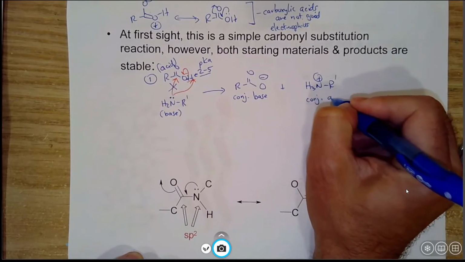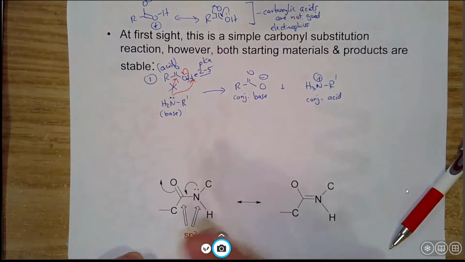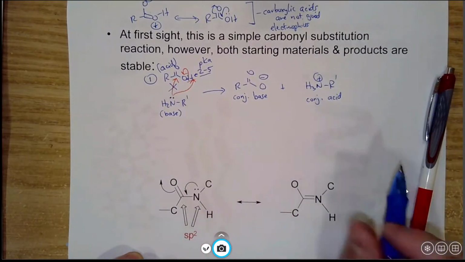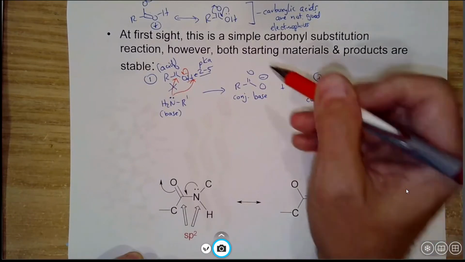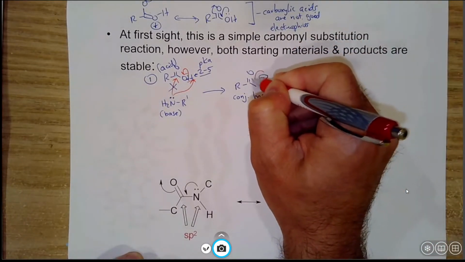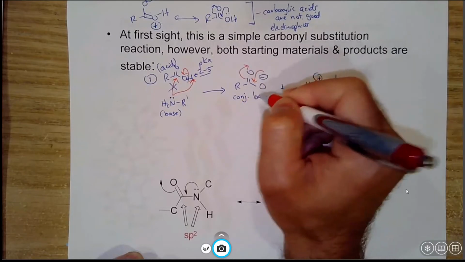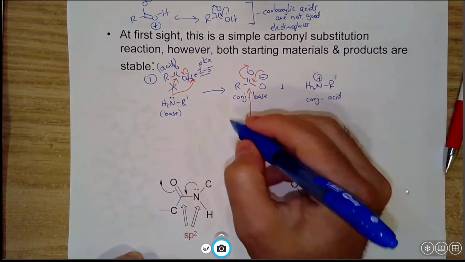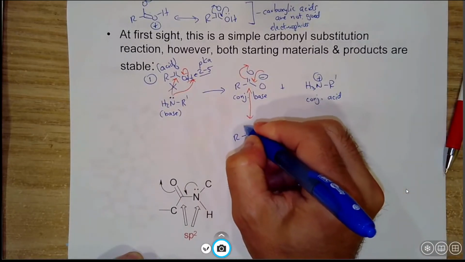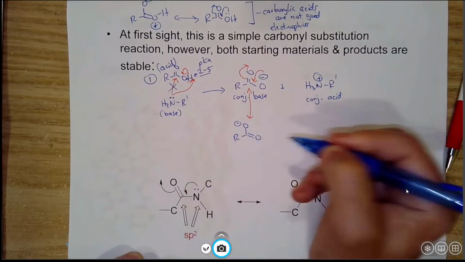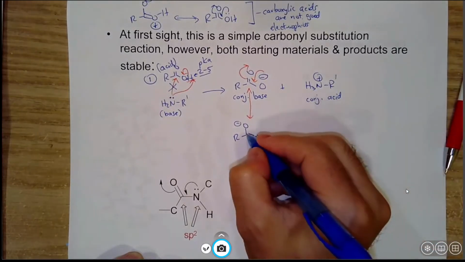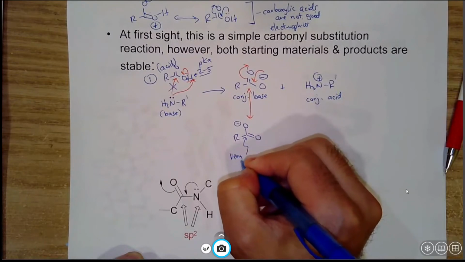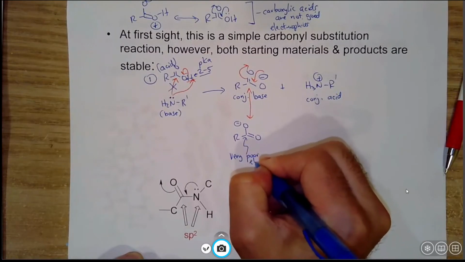So there's been no amide bond formed. Furthermore, this conjugate base, the carboxylate, now has an even stronger resonance form because of that negative charge, and through electron delocalization this carbon is now a very poor electrophile.